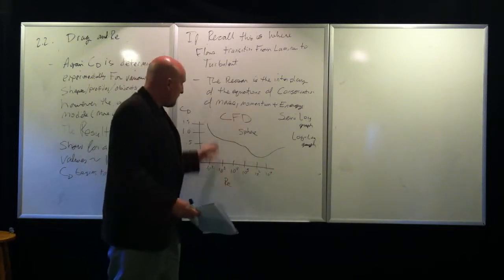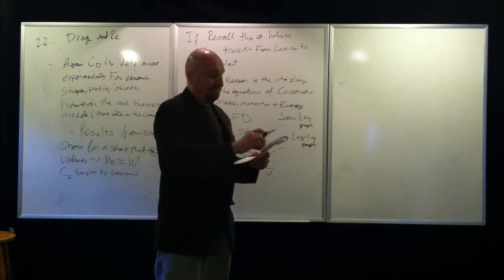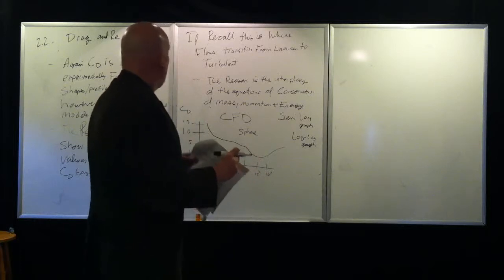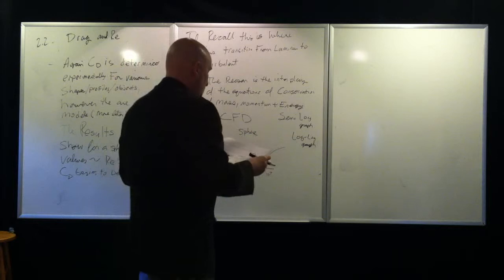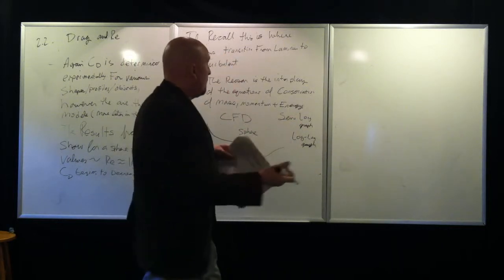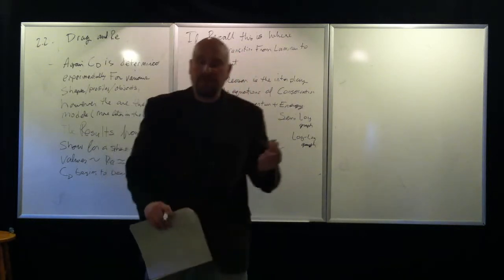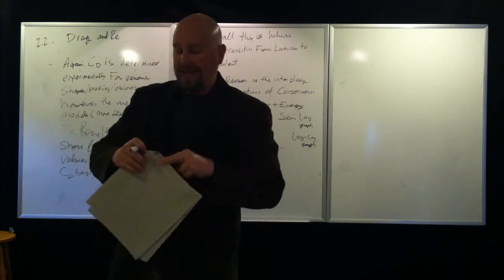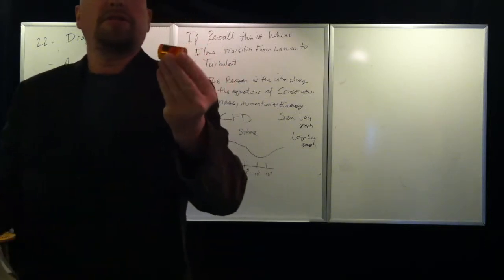And again, a semi-log graph illustrates this phenomenon much more efficiently. Okay, so representing a shape that is similar to a sphere, but nothing like it, is a cylinder. A cylinder is going to be represented such as this.